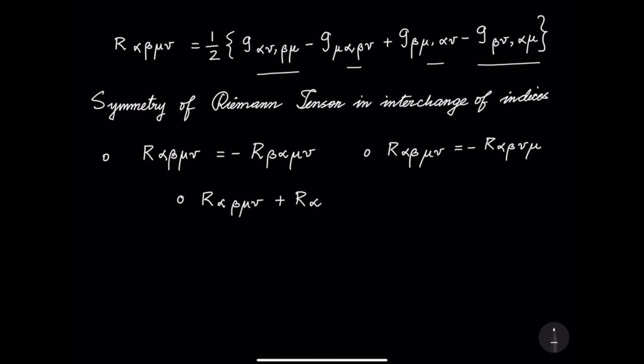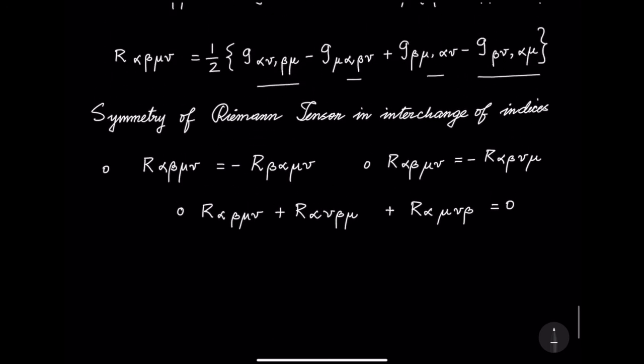And a more non-trivial one, which you can verify by writing down this entire thing, is that I keep alpha where it is in all three of them. There are three of them, and cyclically change beta, mu, and nu. So now nu comes first, and then beta mu, and then mu comes first, and then nu beta. This is equal to 0. All these three can be verified using the expression of R in the local inertial frame.